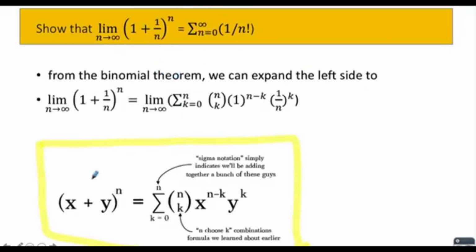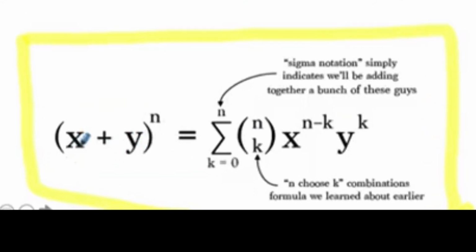To start, let's remember the binomial theorem. When you have a binomial x plus y raised to n, the expansion is given by this formula. It's the summation from k equals 0 up to n of certain coefficients, and the first term here is x with an exponent of n minus k, and the second term is y with an exponent of k.